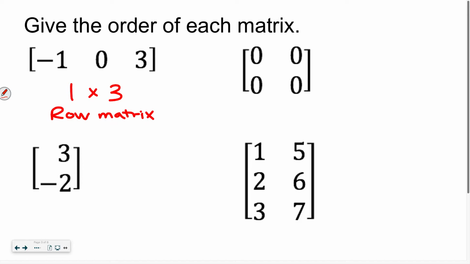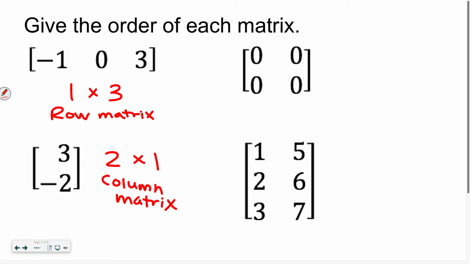Do we have any column matrices up here? Yeah, the one right below it, right? How many rows? 2. How many columns? 1. So anytime one of your dimensions is 1, you have either a row matrix or a column matrix. And you don't necessarily have to know row and column matrix. I just think it's kind of nice to be familiar with those.